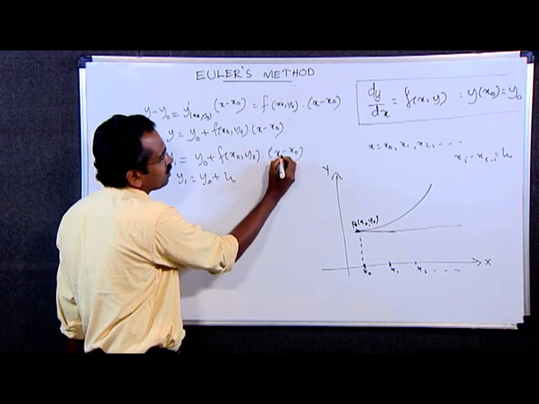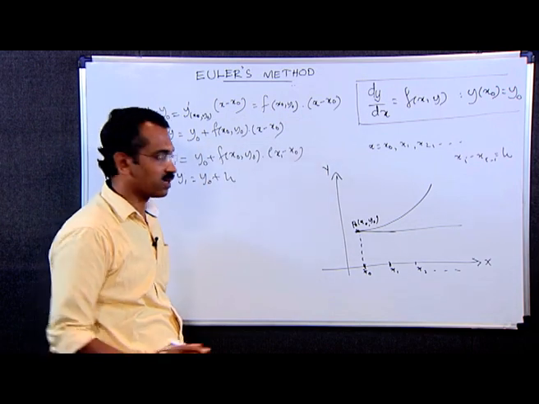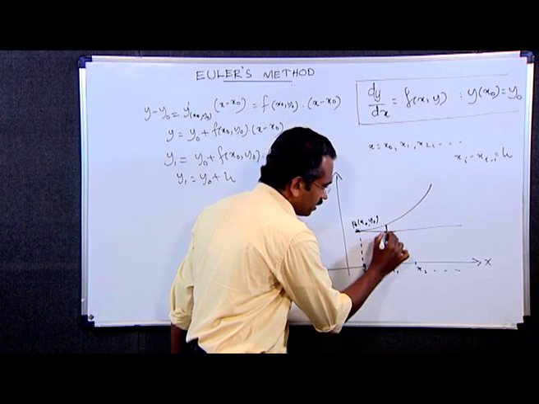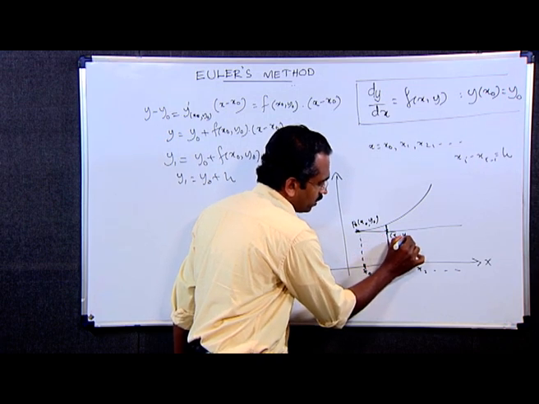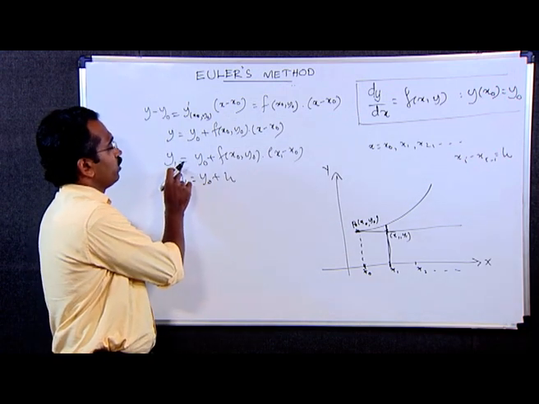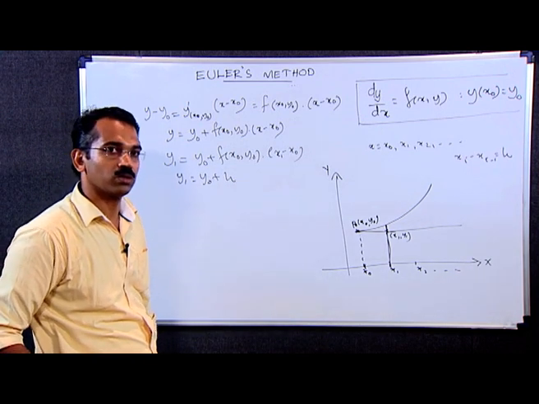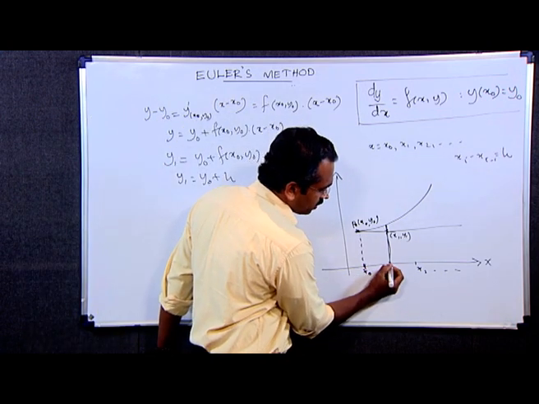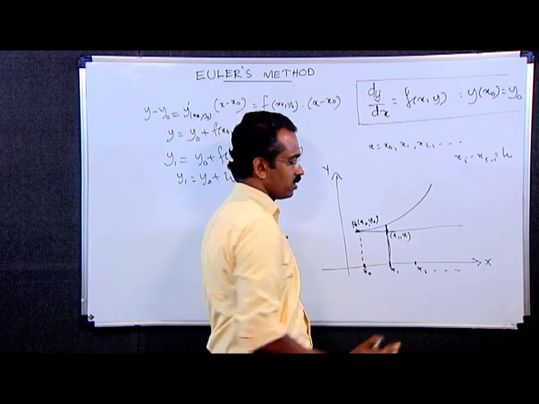Here we use the suffix 1 because this is corresponding to x is equal to x 1. This tangent will intersect at this point x 1 y 1, where y 1 is equal to y naught plus f of x naught y naught into x 1 minus x naught. Similarly, consider the next interval and we evaluate f of x 1 y 1.